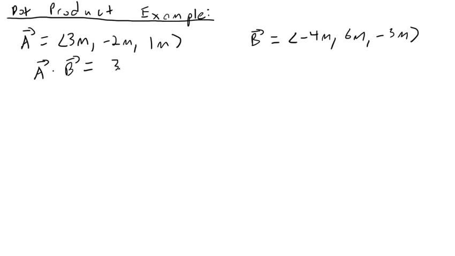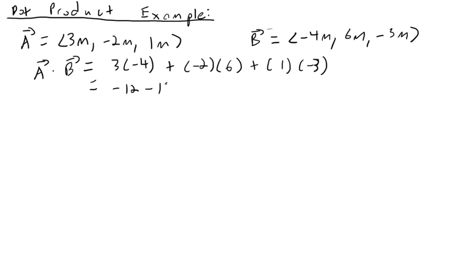Okay, so this will be 3 times negative 4 plus negative 2 times 6 plus 1 times negative 3. This would be negative 12 minus 12 minus 3, and that would all come to negative 27 if I'm mathing correctly, and I believe meters squared, although the units are somewhat unimportant here.